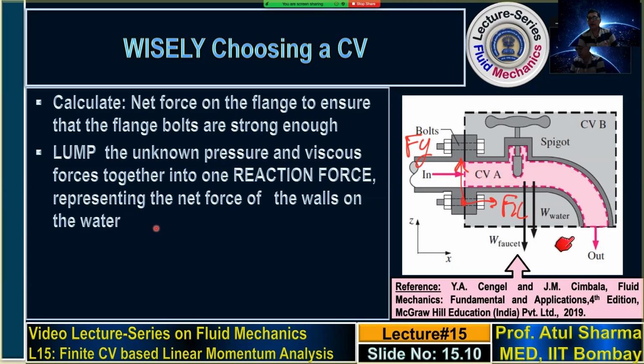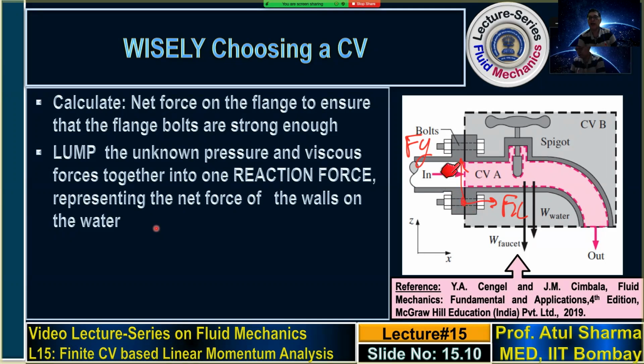So that difference of x momentum flow rate will be equal to this Fx. Note that this Fx is a reaction force. If you want to calculate the actual force created by the fluid on this bolt, it will be an active force. This is a reactive force, so it will be in the opposite direction.